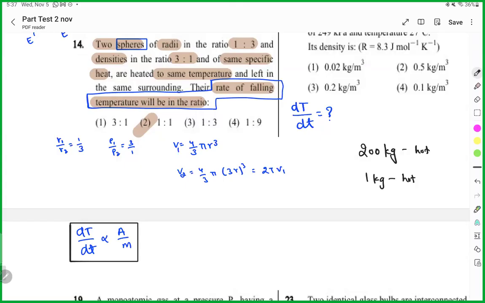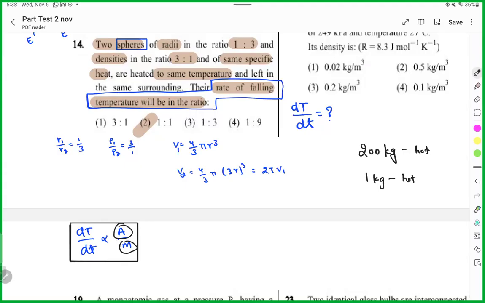Which one will cool fast? 1 kg, because less mass, fast cooling. Makes sense? So even if you don't know this formula, you can directly correlate. More area, fast cooling. More mass, less cooling. So it is inversely proportional to the mass and directly proportional to the area.